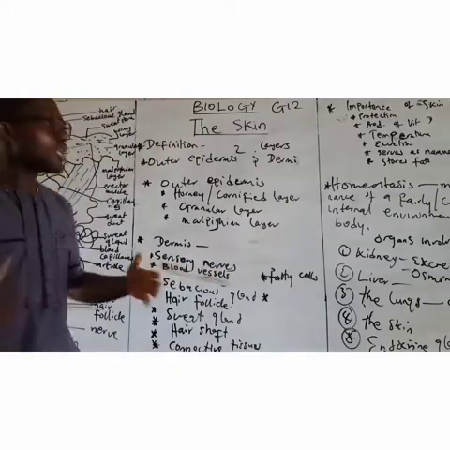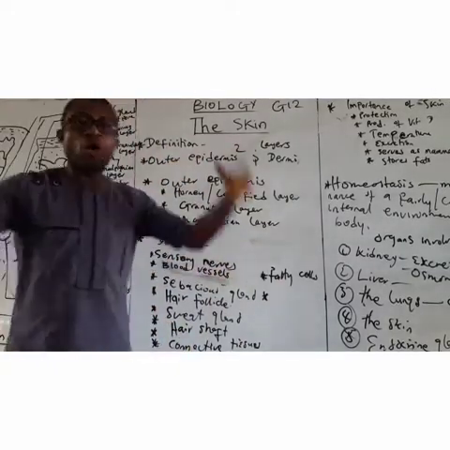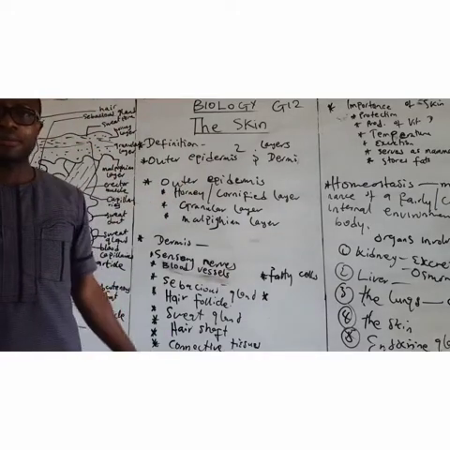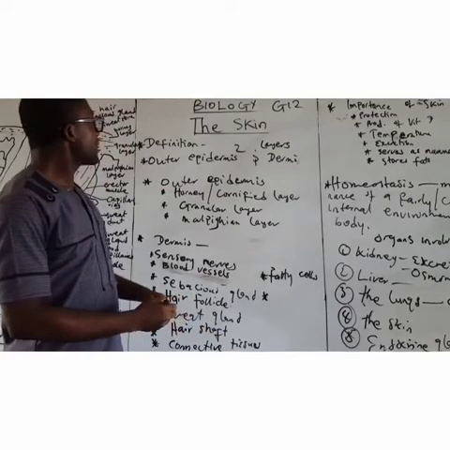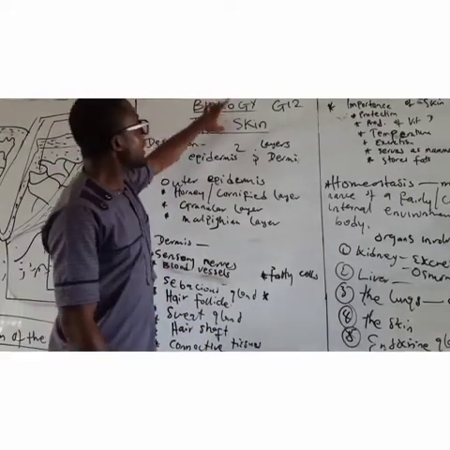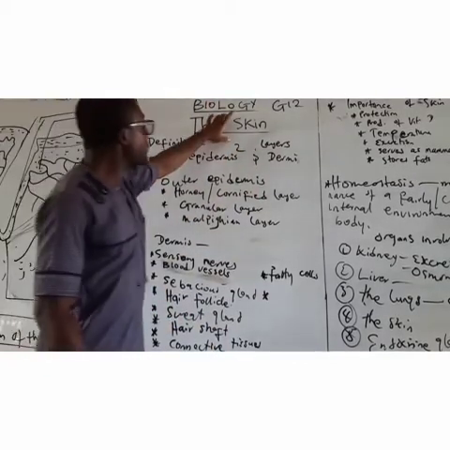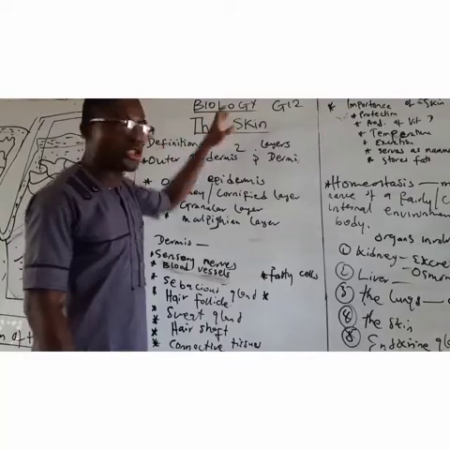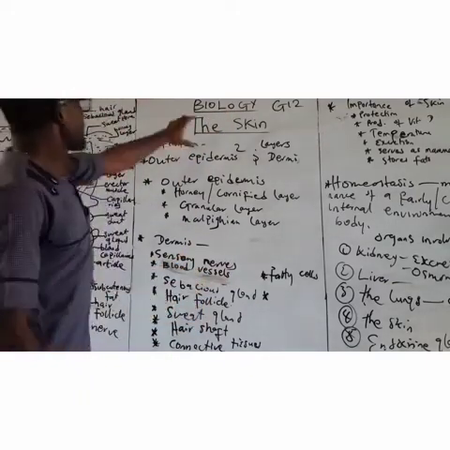But among these organs, the largest so far is the skin, that covers every part of the body. The skin is the largest organ of the body that is involved in excretion and other things.